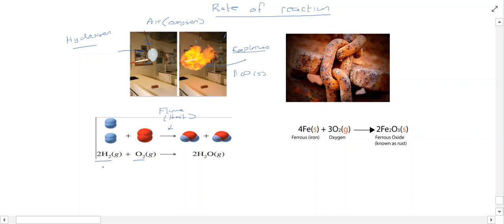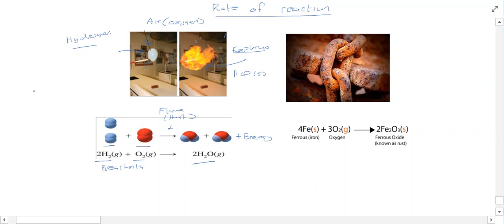So you have the reactants, and then a flame that comes into contact with them. The hydrogen in the balloon reacts very violently with the oxygen in the air. You get water vapor produced, and you also get a lot of energy, which you can see here in the form of light and heat, and you get water formed.